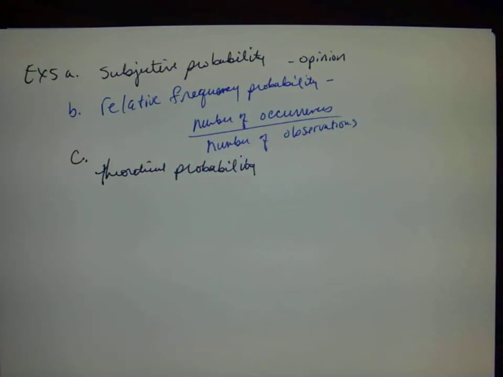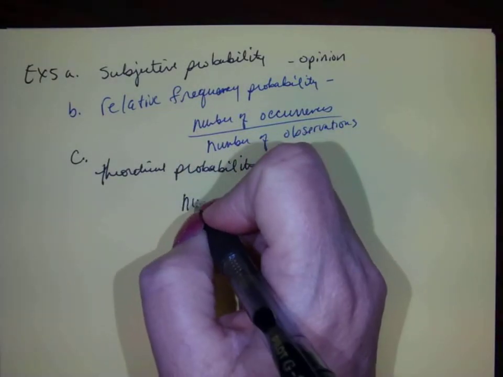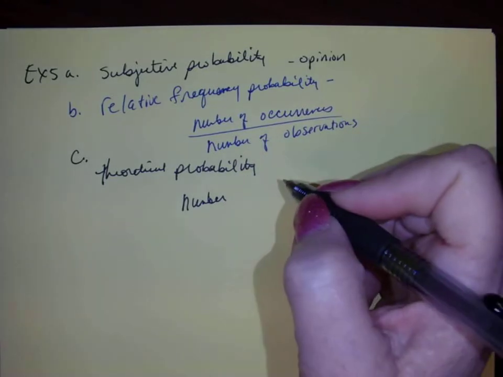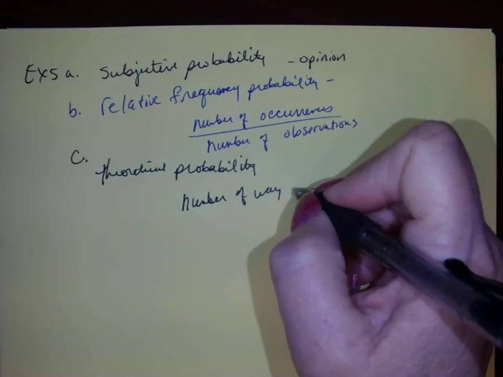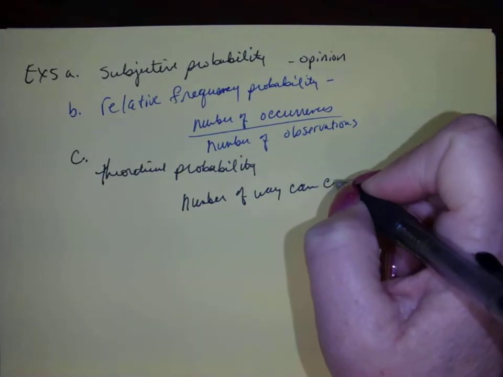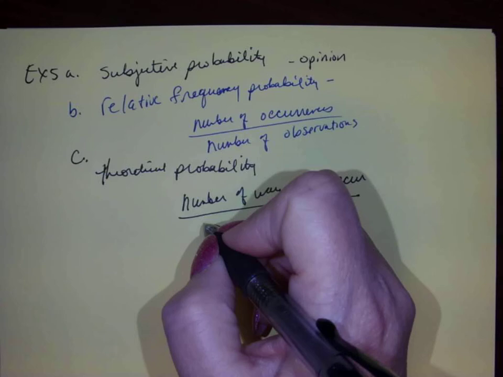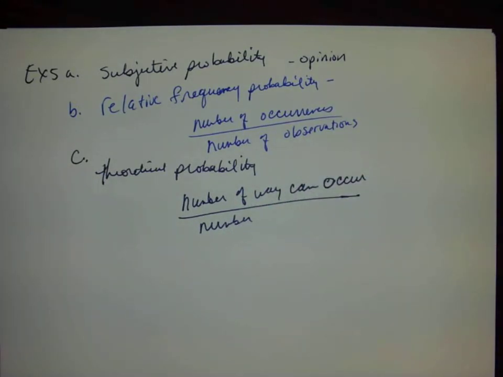So the theoretical probability is where we have the number of ways it can occur over the number of outcomes.